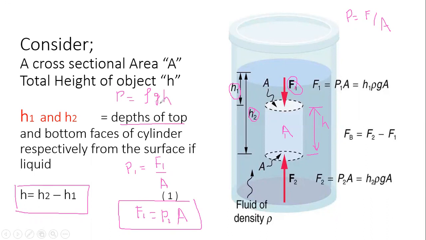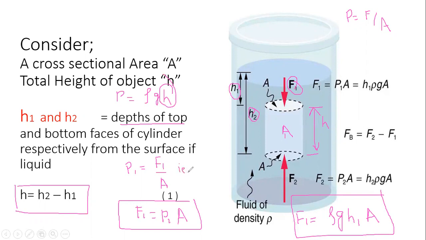Rho is constant, g is constant. The varying parameter is h. So F1 equals rho g h1 into A. You understand it?